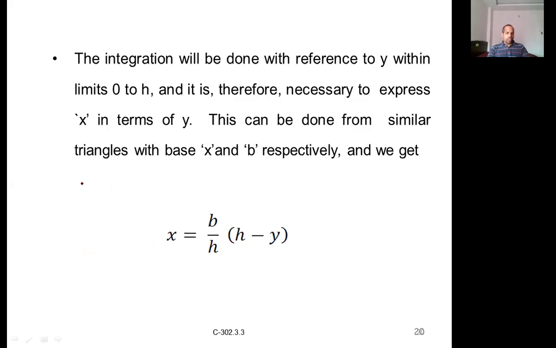How to apply the similar triangle principle? I will take a small picture of it. This width is x, and the bottom width, as we already know, is b, and the height is h.